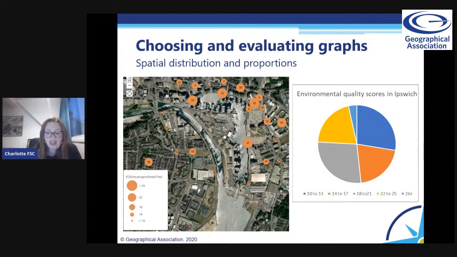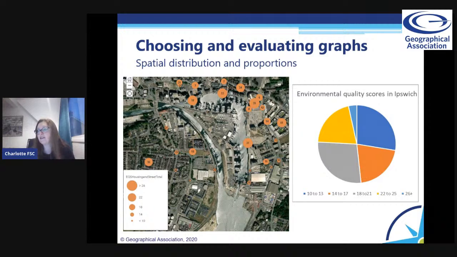Well, what's good about it? If we were saying which is best, well, this one definitely does show the spatial distribution and how it varies across the area. I can clearly see that the larger circles are in the north and the northeast, showing that environmental quality seems to be better over there. I can also tell the way the geography might link to support that, because I can use the map behind it, or the picture behind it.